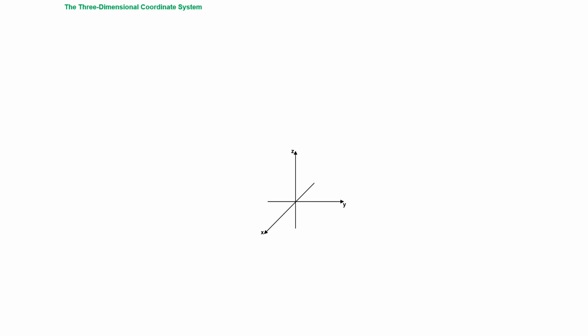The right-hand rule is used to determine the placement of the coordinate axes. If we curl the fingers of our right hand around the z-axis in the direction of a 90 degree counterclockwise rotation from the positive x-axis to the positive y-axis, then our thumb points in the positive direction of the z-axis.